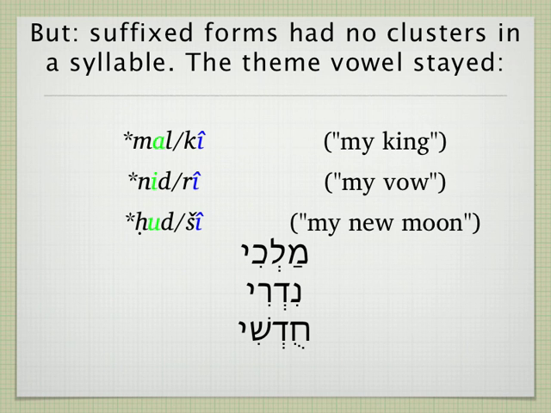We keep using suffixes. And so in these forms, like my king, my vow, my new moon, no consonant cluster ever develops. There's never a problem, therefore no helping vowel, therefore no nothing. And so the biblical Hebrew forms are as they would have been in the antecedent form of the language. Malki, my king. Nidri, chudshi. No problem there.